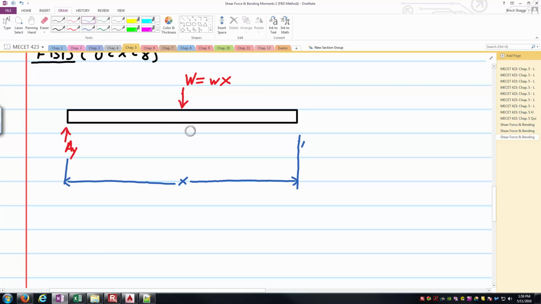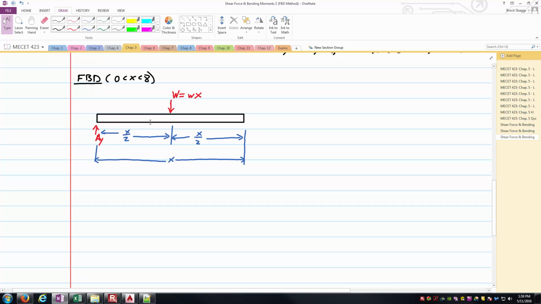And so what is this distance here? Well, it's a uniform distributed load, so it'll be right in the middle, and so this will be at x over 2. And so that's x over 2 from both sides here. And so that should take care of the distributed load that's going to be covering our chunk of beam here.